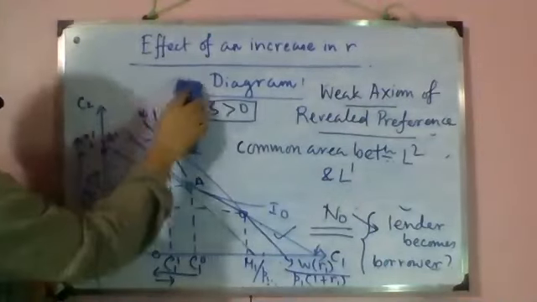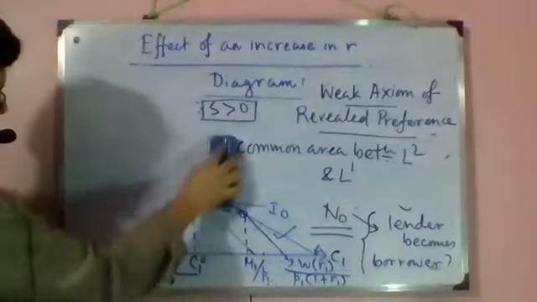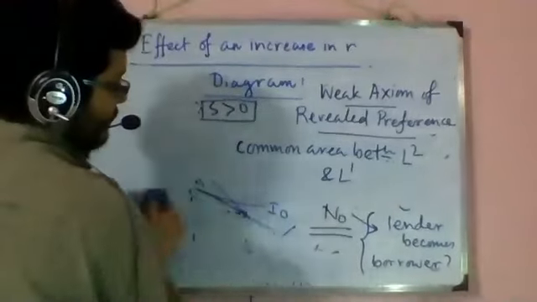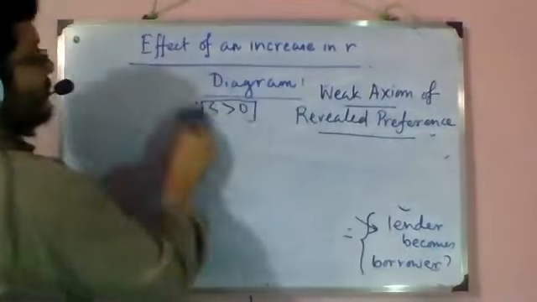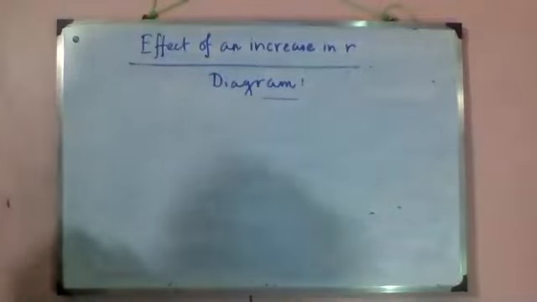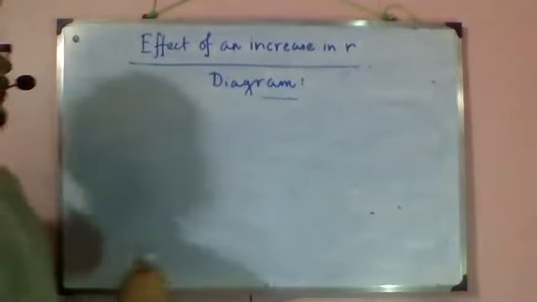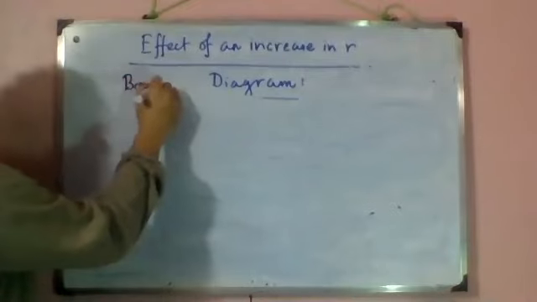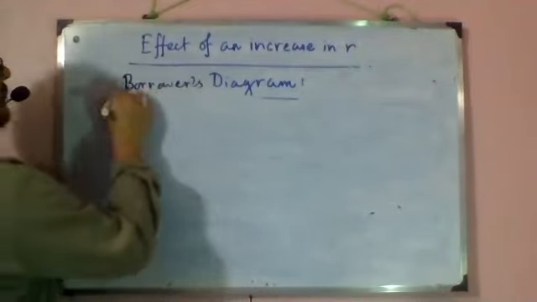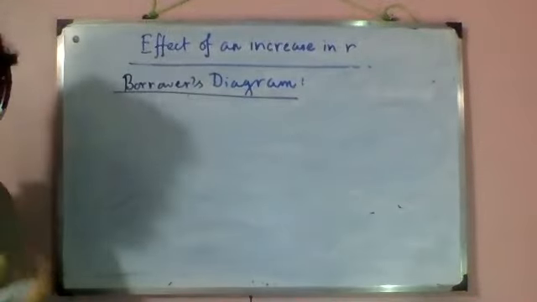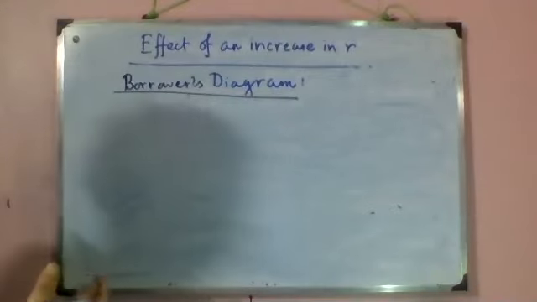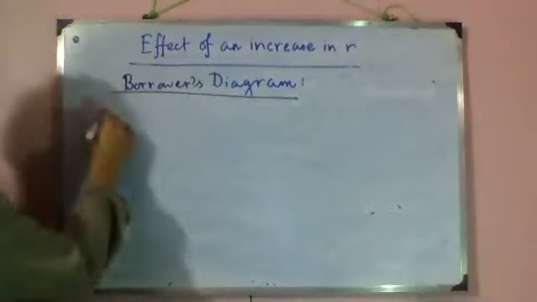Again, this guy is a borrower. So that means we are going to draw the always available point much on the left side.